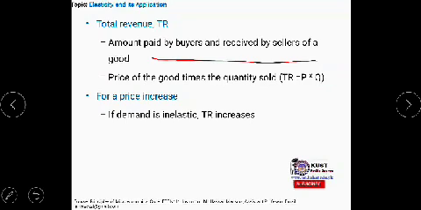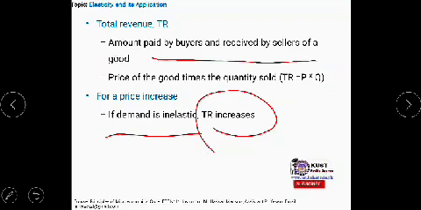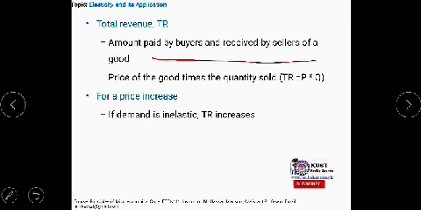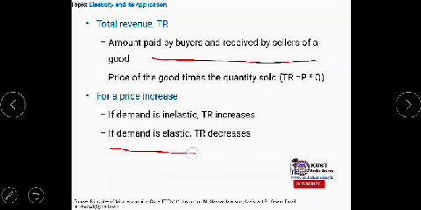So we will see that if the firm knows about the elasticity of their product, how they can change the price so that their total revenues will be maximized. If the firm is having demand for its product which is inelastic, the total revenues will increase in this case. And if the demand is elastic, the total revenues will decrease.